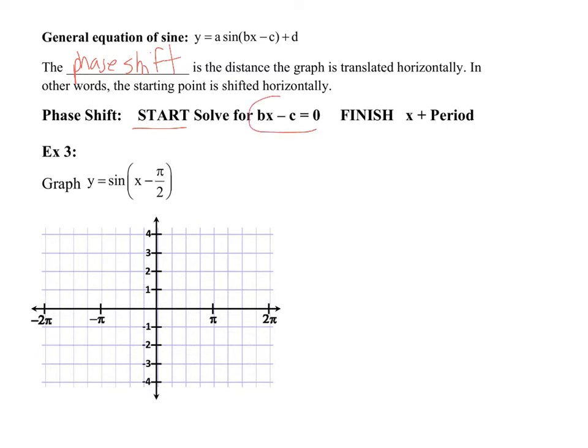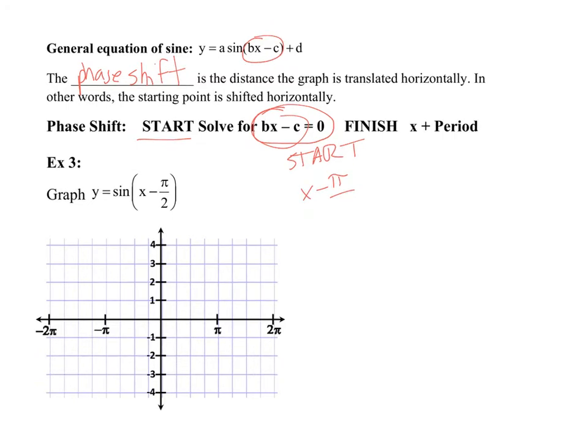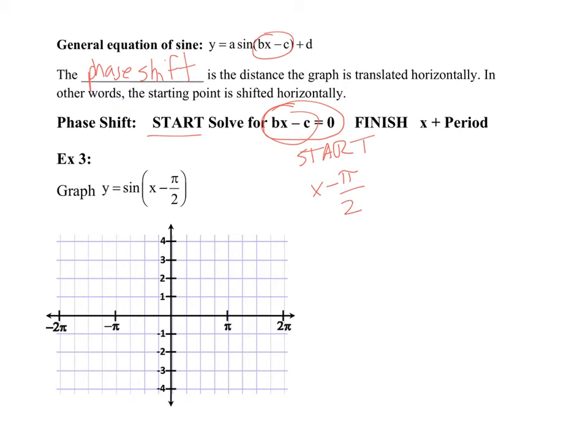I set the bx minus c, which is right here, equal to 0. In this case, bx minus c is x minus pi over 2. I set that equal to 0. Solve, and I get pi over 2. That's my starting point.